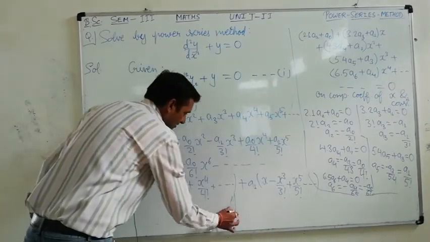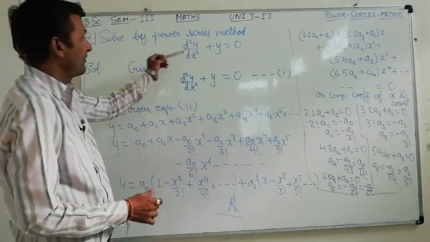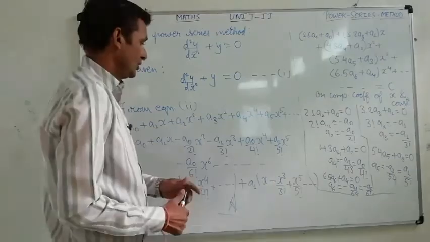So, this is the solution for our question d square y by dx square plus y is equal to 0. So, it is over now.